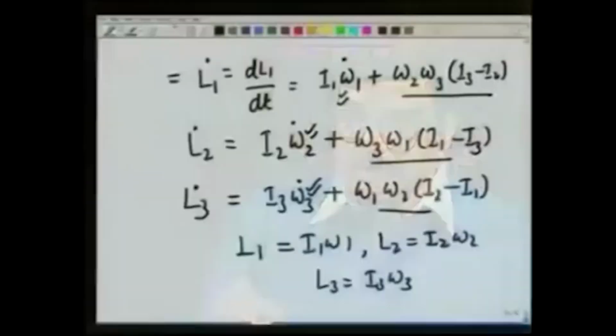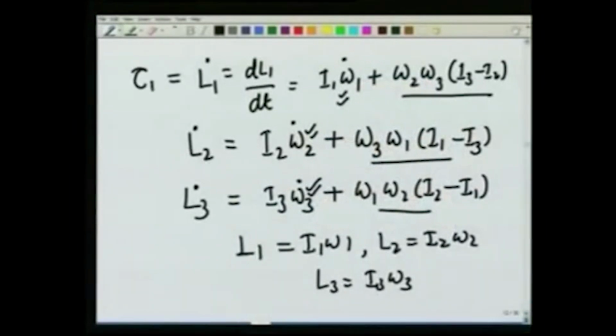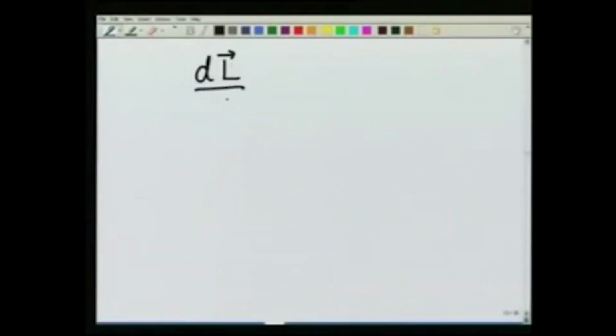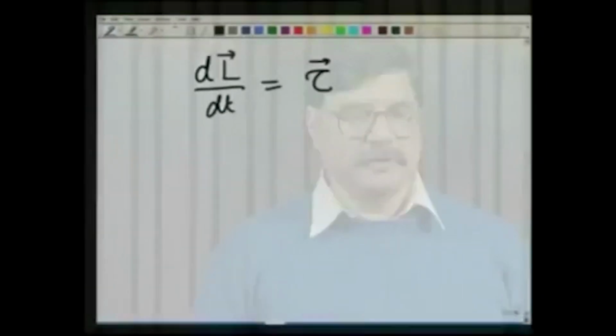This obviously then must be equal to the component of torque along principal axis 1, this must be component of torque along principal axis 2, and this must be component of torque along principal axis 3. These equations are nothing but writing dL/dt is equal to tau by taking components along the principal axis of the body.